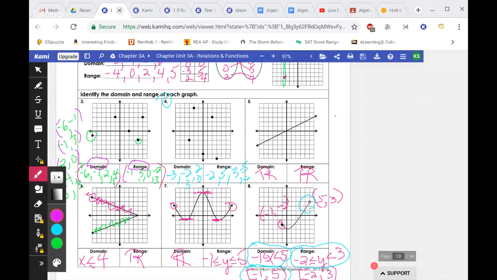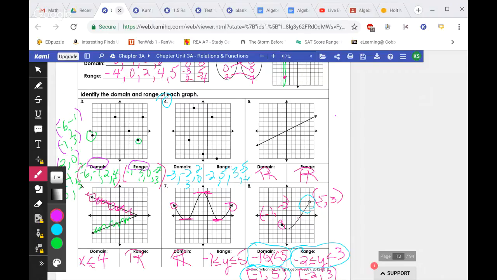Now, for number 5, with regard to the domain and range, what you want to do on the domain is do away with what the graph is doing going up and down. You're only looking at what this graph is doing from left to right, or east to west, however you want to think about it.